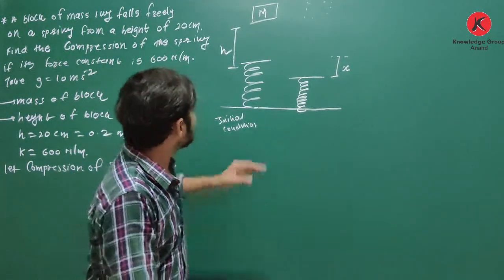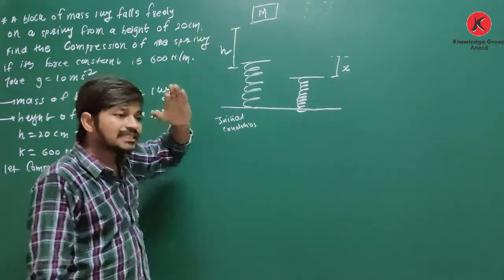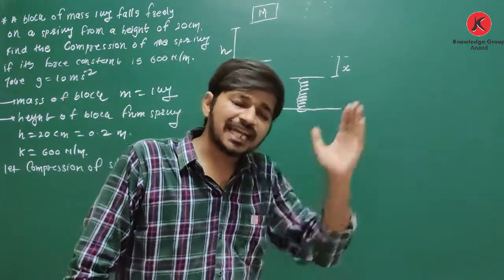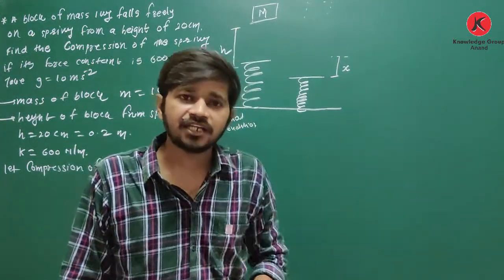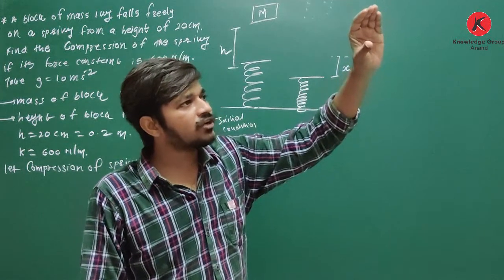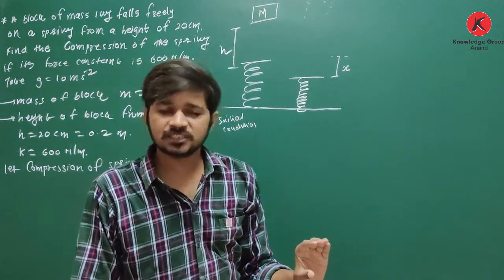This block falls freely as it is at some height. Initially it has gravitational potential energy. Due to this, it falls freely and compresses the spring.